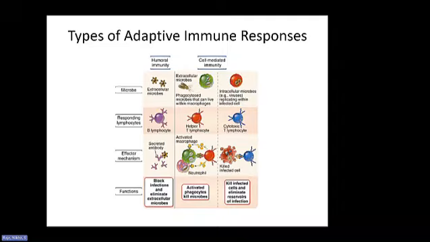The helper T cells help in producing some molecules called cytokines that make sure that the cells needed to deal with these extracellular microbes are activated, and they have enough weapons to kill those microbes, such as macrophages or neutrophils.